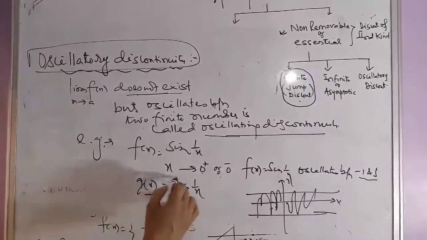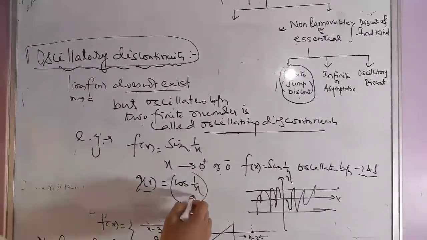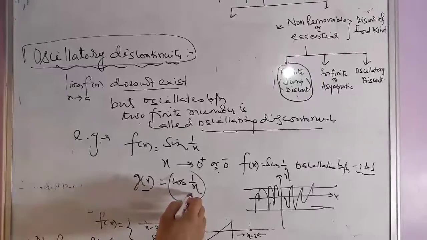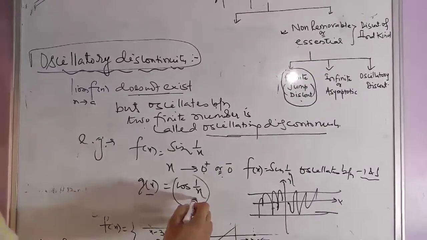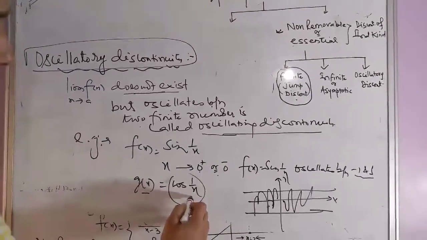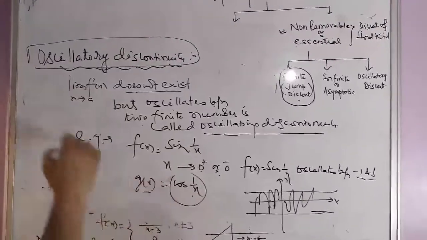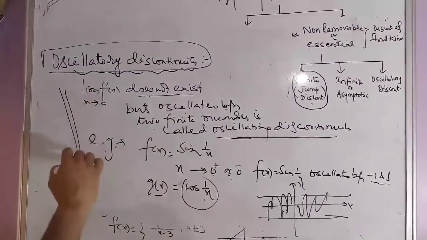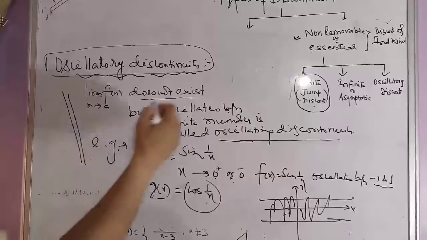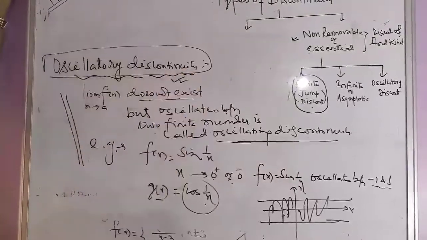Similarly, g(x) equal to cos 1 by x, as x tends to 0 from either side, cos 1 by x oscillates between two finite numbers, minus 1 and plus 1. In such a case, the discontinuity is called oscillating discontinuity.